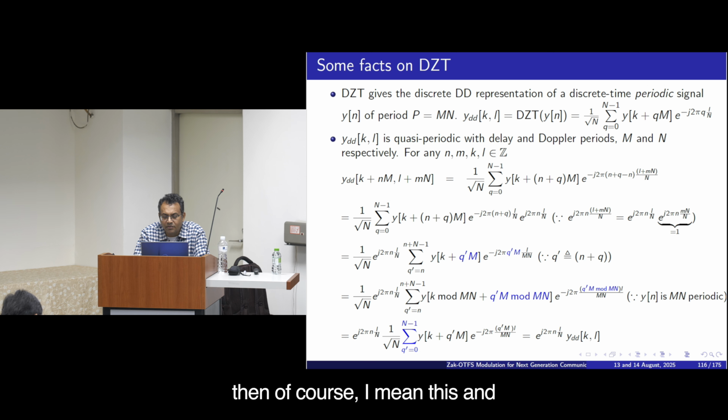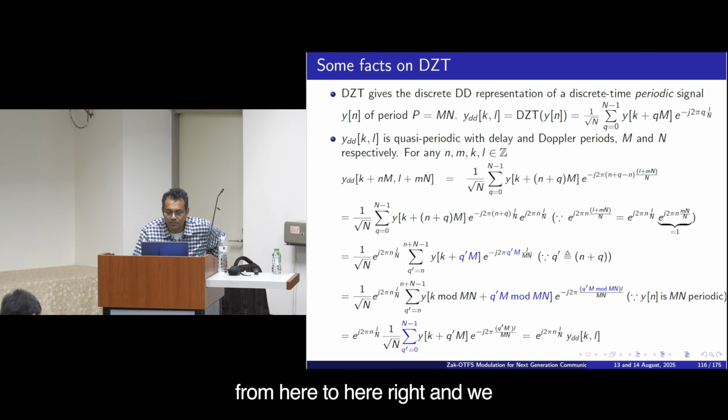and then of course, this and this are equal, and similarly this and this are equal, right. That is always true. That is how we came from here to here, and we can always go back.